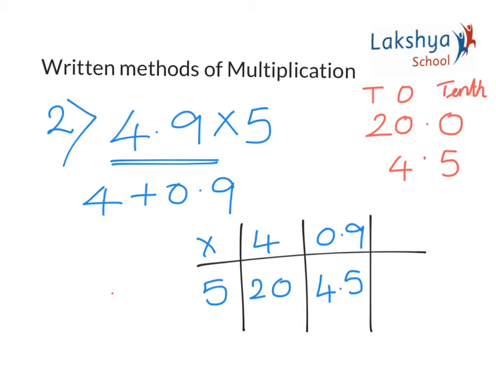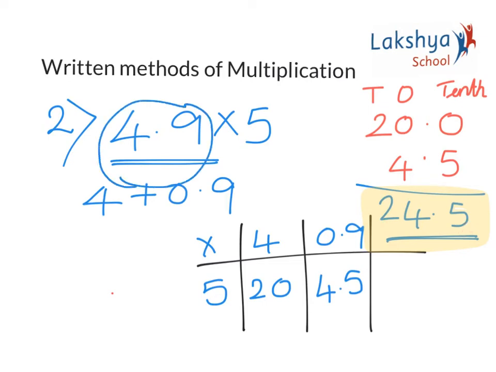We get 0 plus 5 gives me 5, 0 plus 4 gives me 4 and 2 over here. The answer for this is 24.5. When we are asked to round a number or find the approximate, we can round 4.9 to 5, and 5 fives are 25, which would be a reasonable answer. Do work out the remaining ones.